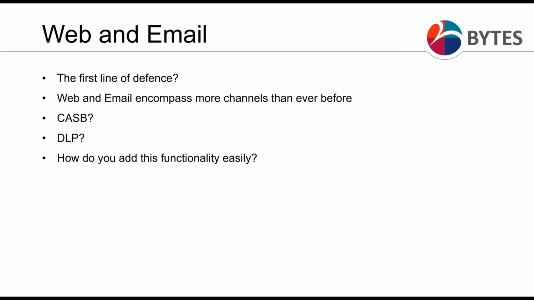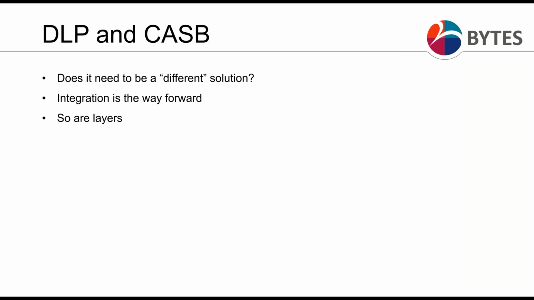But really with CASB and DLP, how do you add it easily? Well, it shouldn't be a different solution. It should be a single console. It should be a tick the box to turn this on. And the layers that this provides are absolutely key. We don't want to stop end users using cloud services, particularly at the moment.